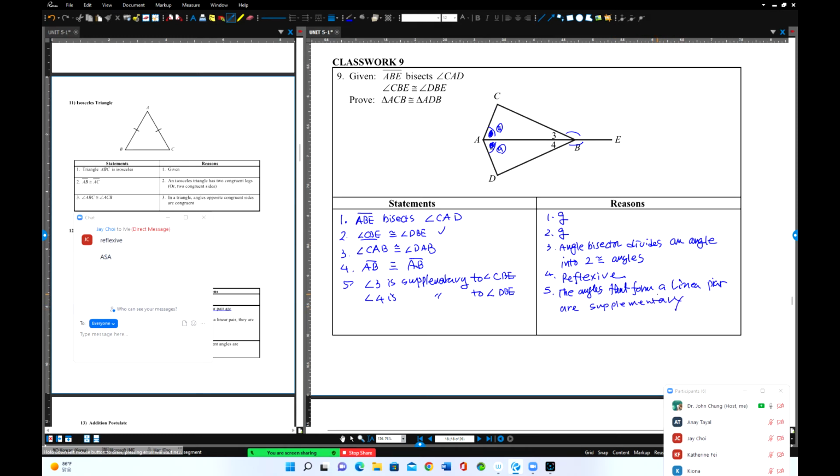Now we can say angle 3 is supplementary. The next one is what? These two angles are congruent. Angle 3 and angle 4 are congruent, okay? Angle 3 congruent to angle 4.